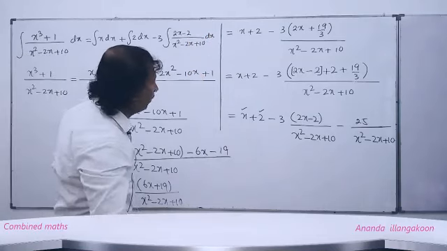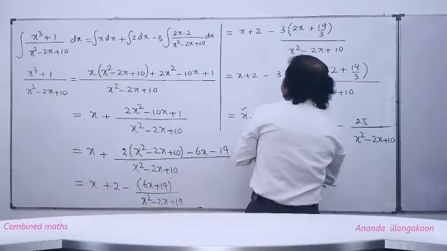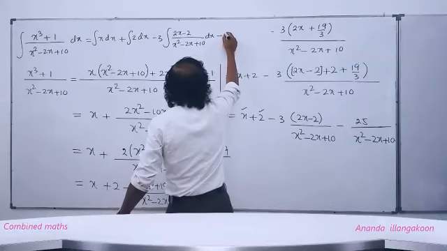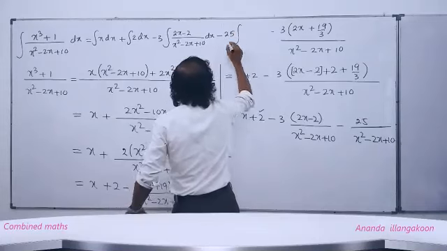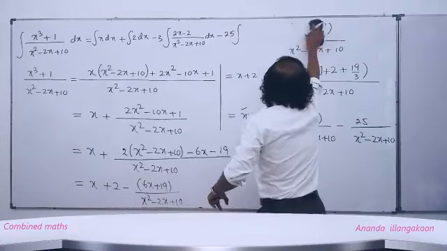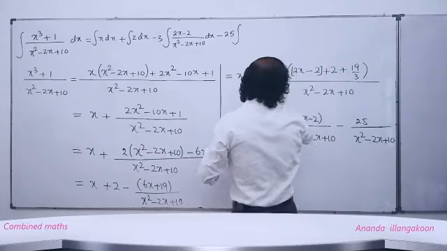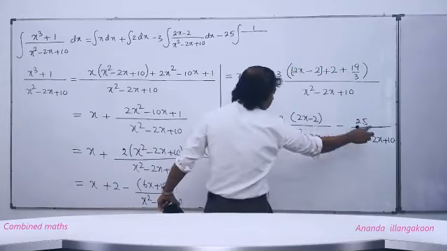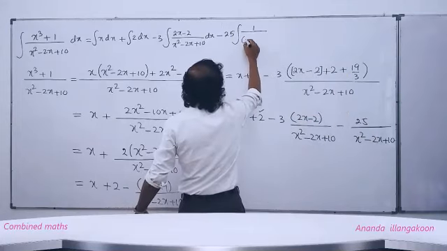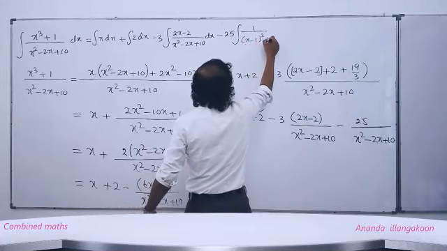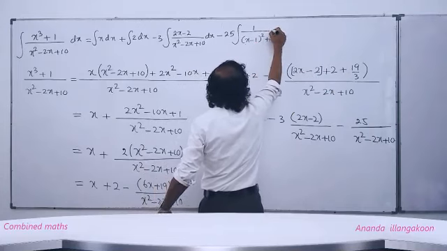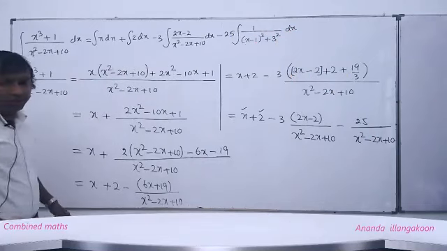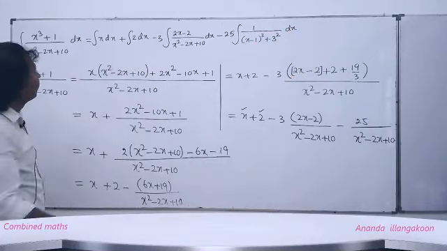And this one, take minus 25 out because it's a constant. Now we have 1 over, because we'll straight away come to the square and write that, x minus 1 squared plus 3 squared dx. Now you can very easily integrate all these terms.